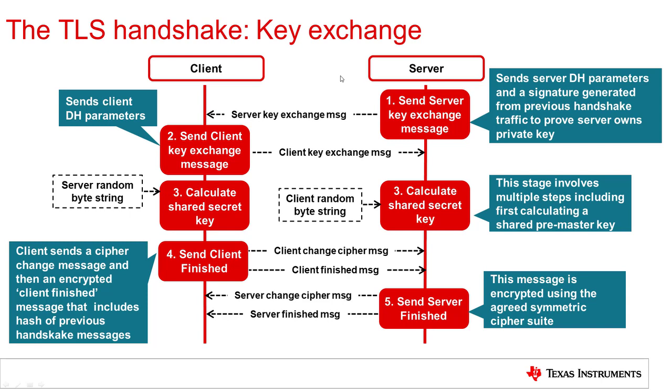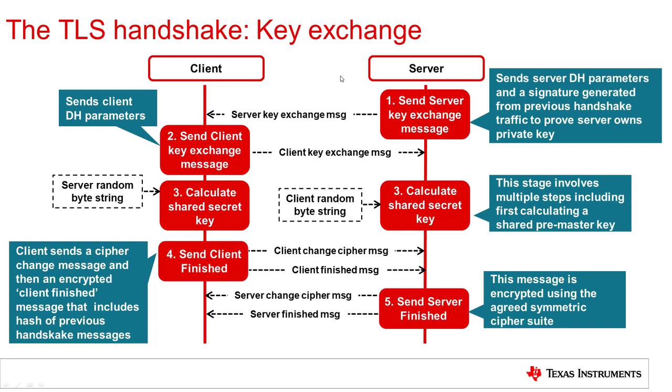So at this point, both sides have the Diffie-Hellman parameters, and if you recall, in the client and server hellos, they both exchanged random byte strings. At this point, both parties can independently calculate a shared secret key using the Diffie-Hellman parameters and the random byte string they received from the other party.